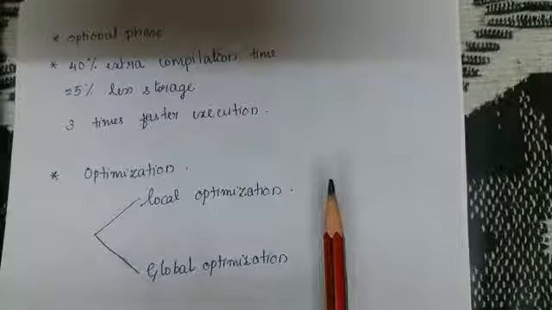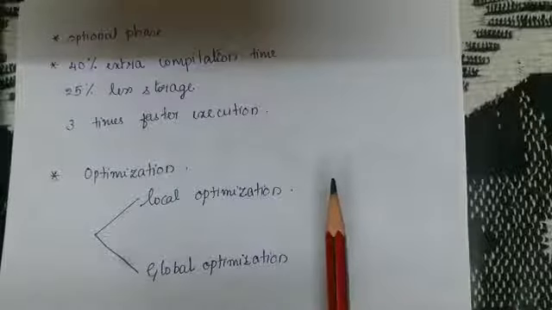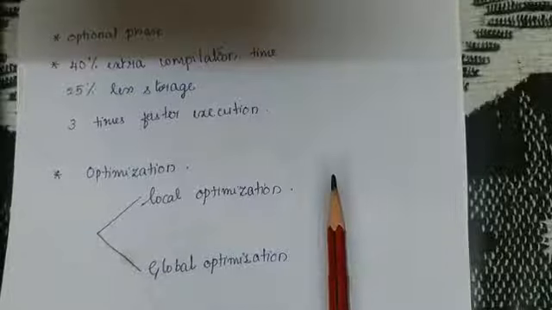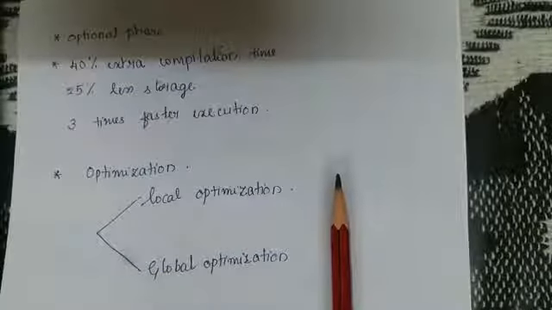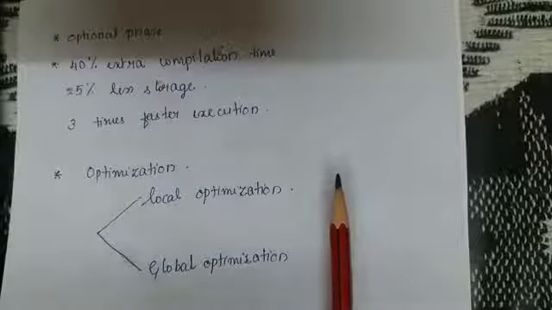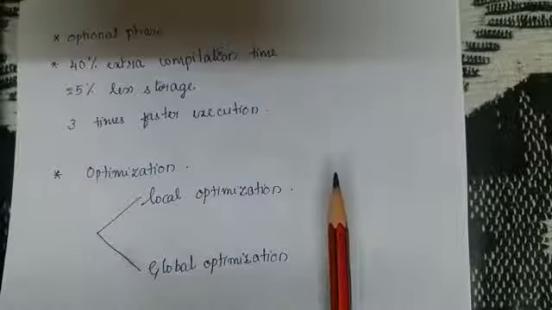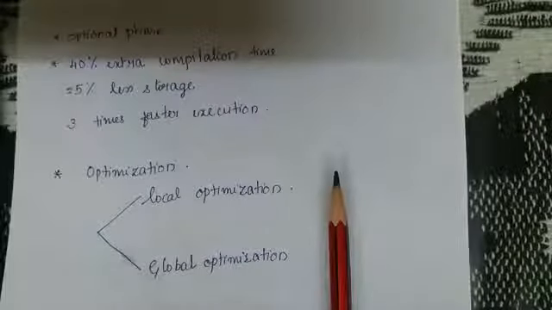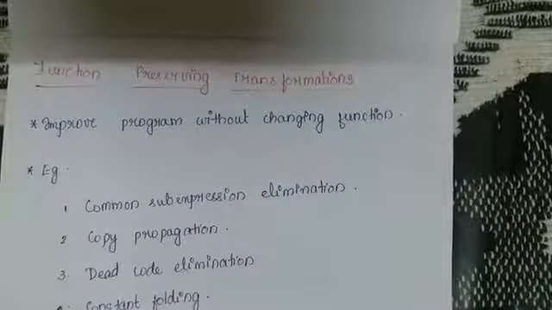So as the term specifies, if it is done over smaller segments, it is local; if it is done over larger areas, it is global optimization. The local optimization is performed before the global optimization.